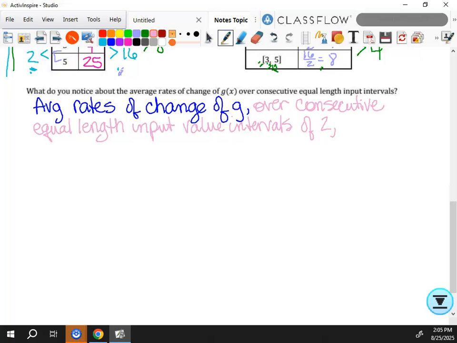For some reason, sometimes they want that number. Like that was how the inputs were changing. So average rates of change, pause, over consecutive equal length input value intervals of 2.